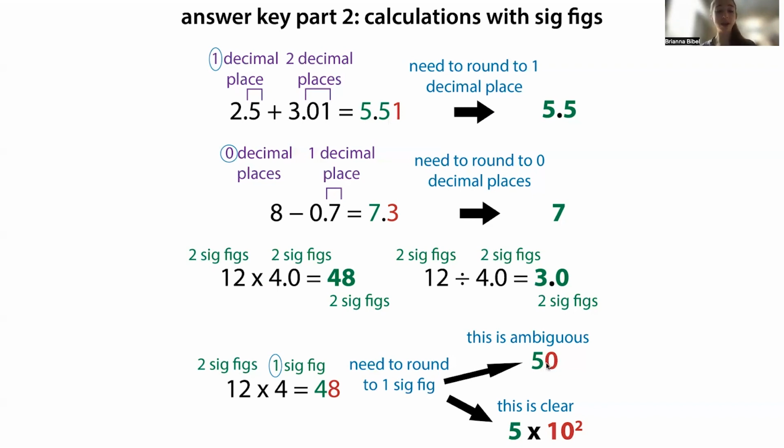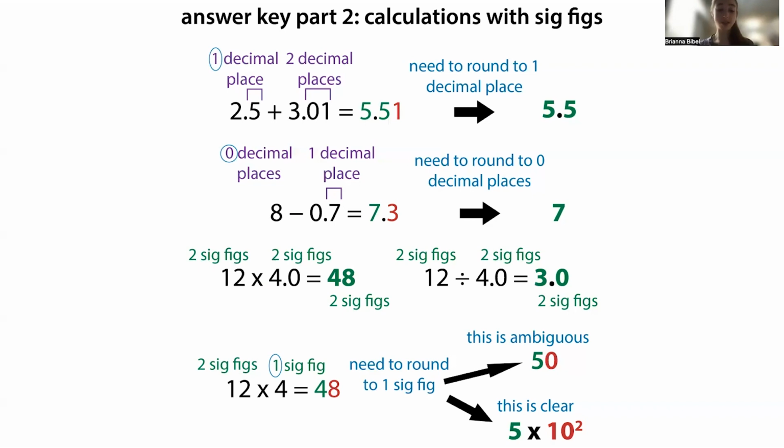A lot of times people are kind of careless with their sig fig reporting, but if you really want to show, yes, we only have that 1 significant figure, you can show this using scientific notation by writing 5 times 10 to the second. Here you're showing, yes, you have 1 significant figure here, not 2. And if you had a number where you wanted to say 50 was actually 2 significant figures, you could put a decimal point at the end.